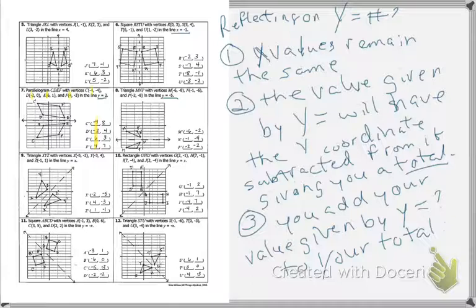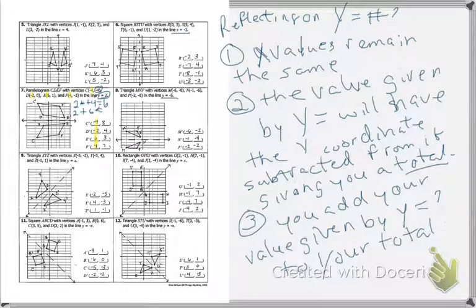So if we look at number 7, let's take for instance C. Here's my value given. You're going to do 2 minus negative 4. Well, 2 minus negative 4 becomes 6. Then you take your value given and you add the new total.